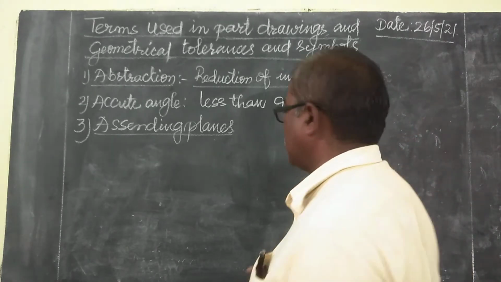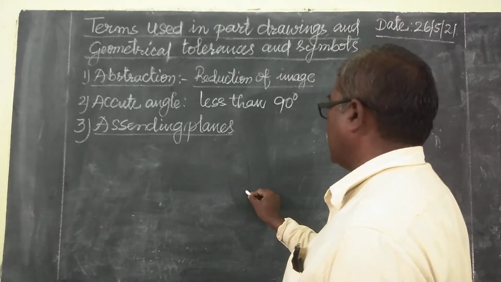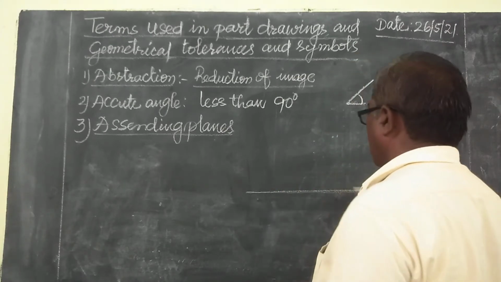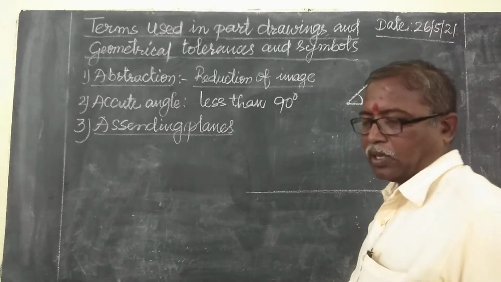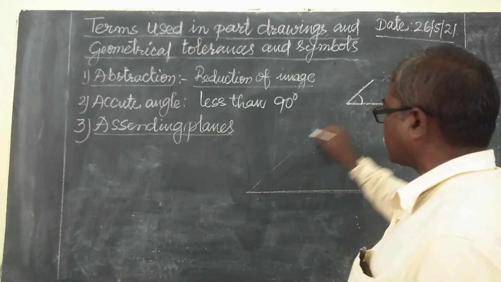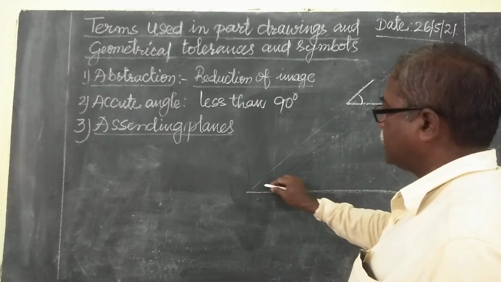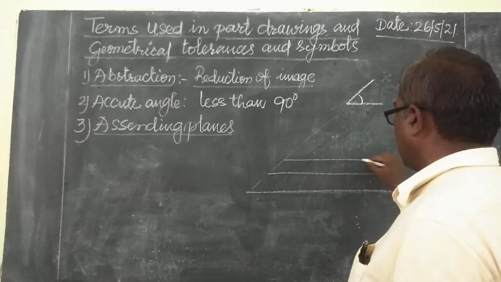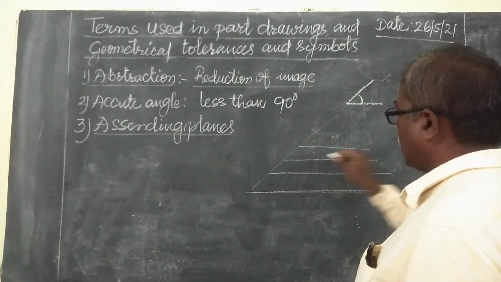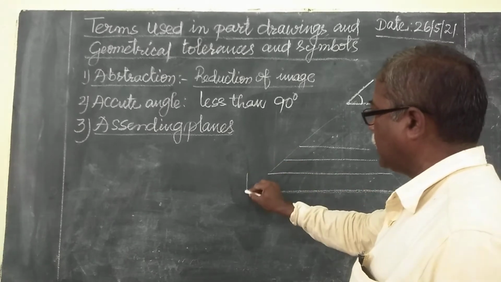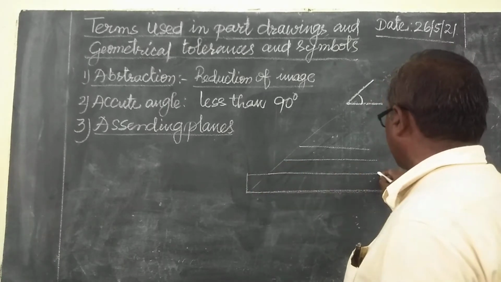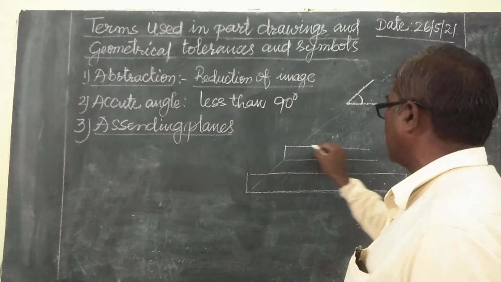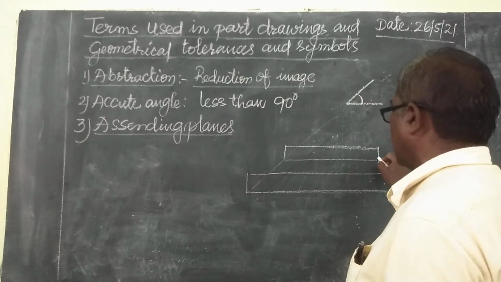Ascending means there is a horizontal line or plane, and on that plane the steps will be made like this, and like this. Vertically it will be made like this. Then continuously vertically like this.